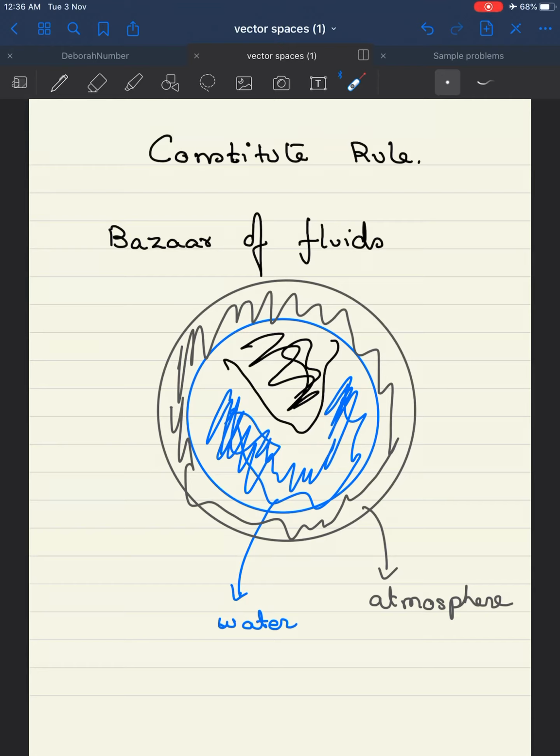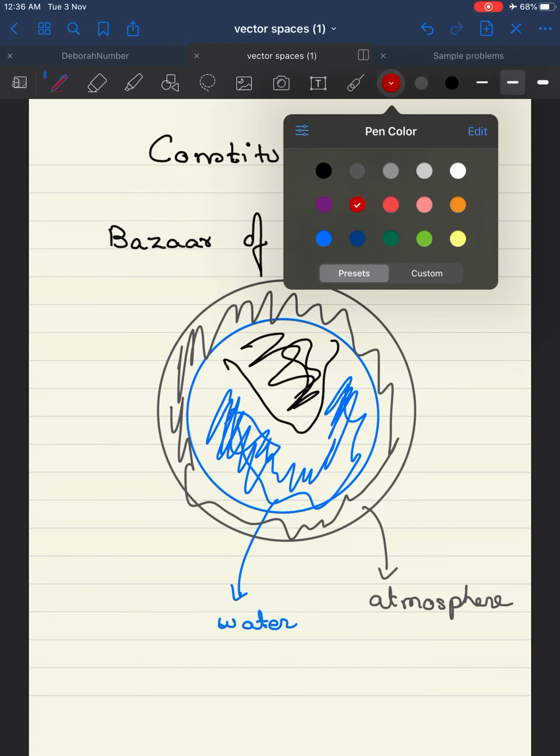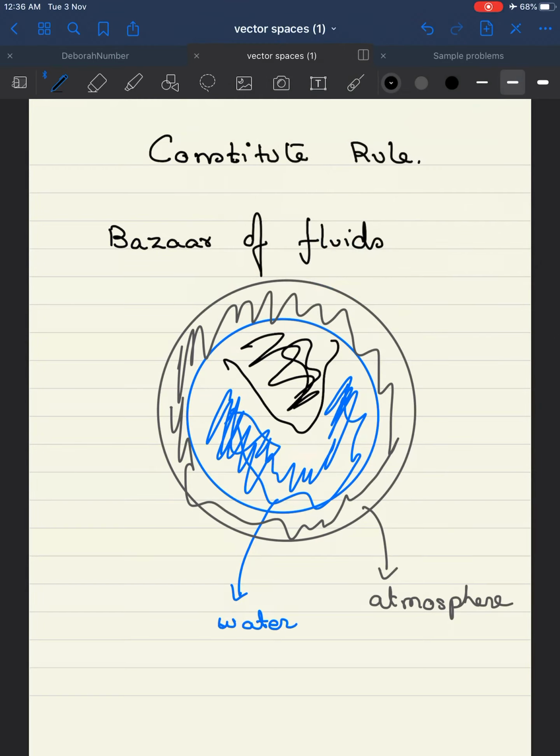And so what ends up happening is that in this bazaar, the two important fluids that are being sold are something called Newtonian fluids. This is the most commonly available fluid that you have.